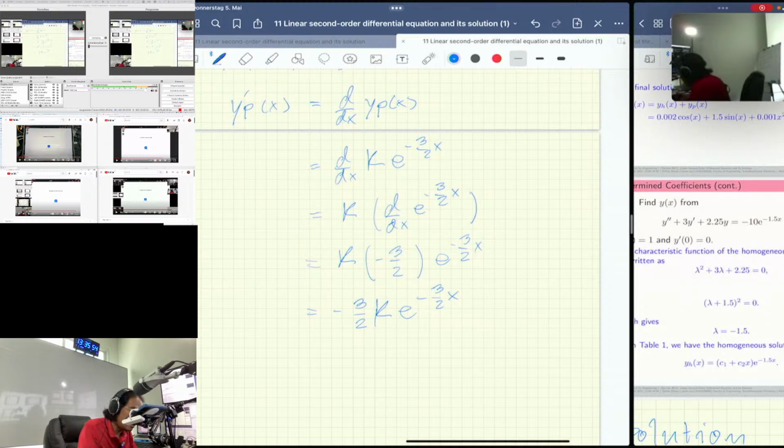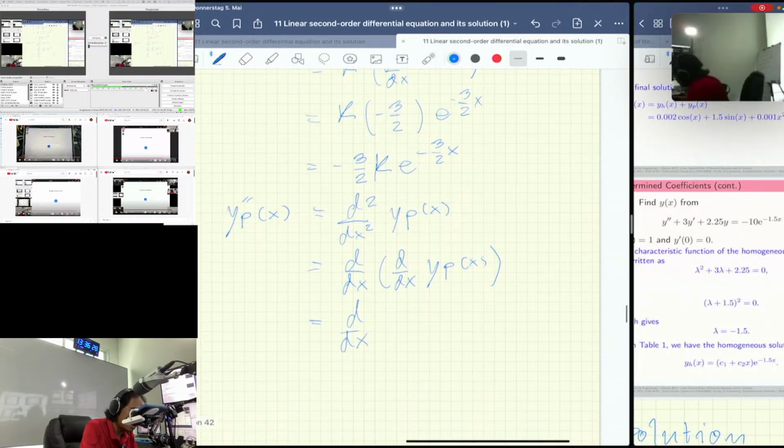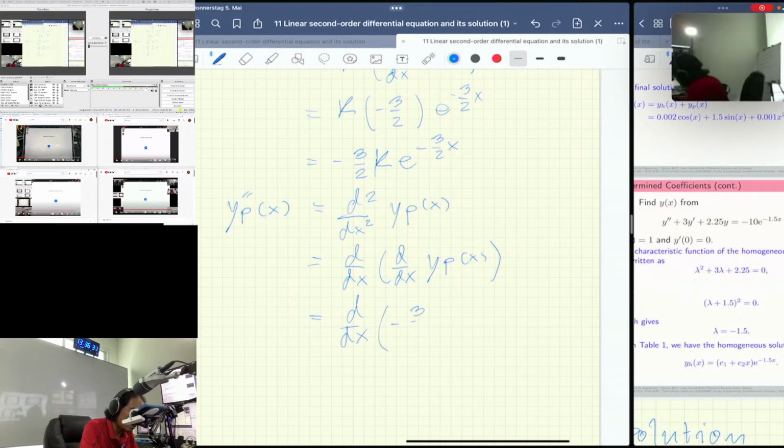Let's consider y_p double prime x. What is that? It's the differentiation of the second order for y_p, right? Of course, it's equal to d/dx of y_p prime x. Here we have to differentiate the result there, which is -3/2 K exponential -3/2x.